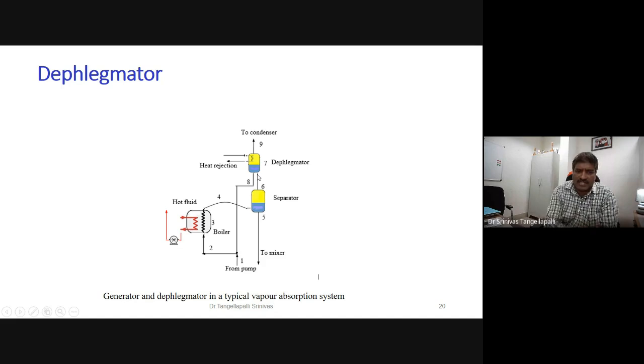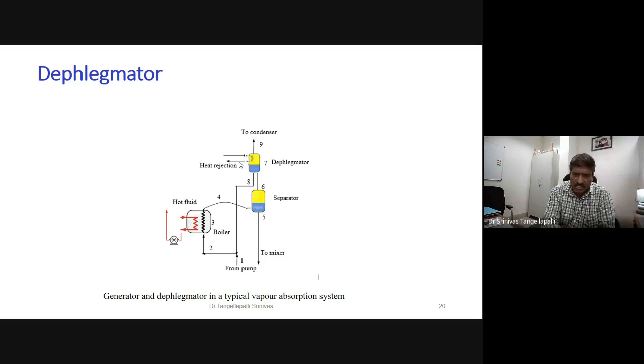What is the purpose of this dephlegmator? How is it working? By providing this cooling, heat may be rejected to the surroundings, or internally you can recover it, instead of wasting this heat to the surroundings. That heat can also be recovered like internal waste heat recovery. That is a different thing.